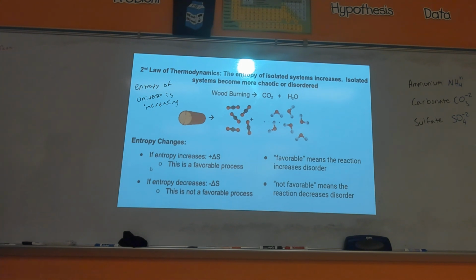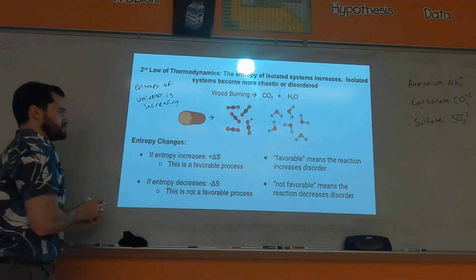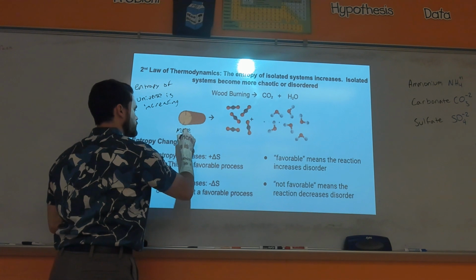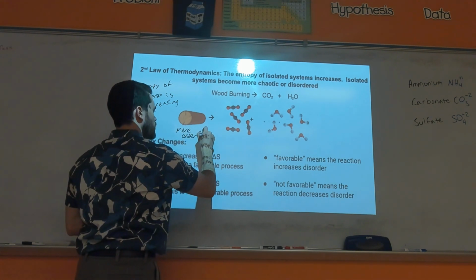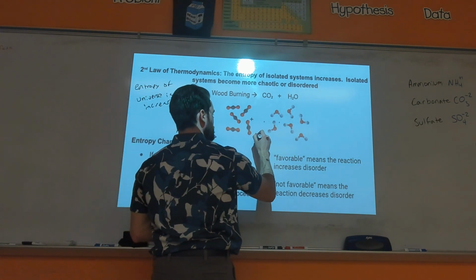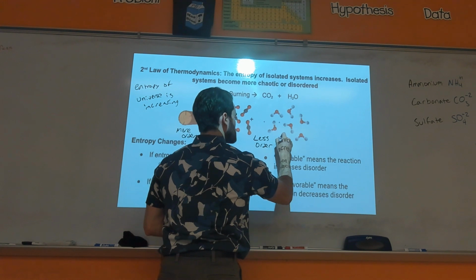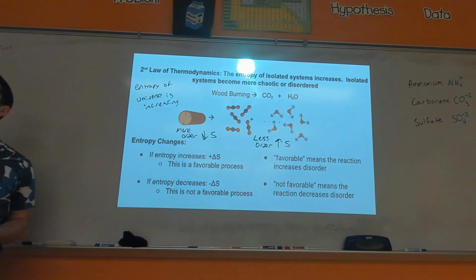Now, I think we can all agree that all of these individual carbon dioxide molecules and H2O molecules are way more disordered than a solid block of wood. There is more order here, so lower S, lower entropy. Here, less order, so higher S, higher entropy.